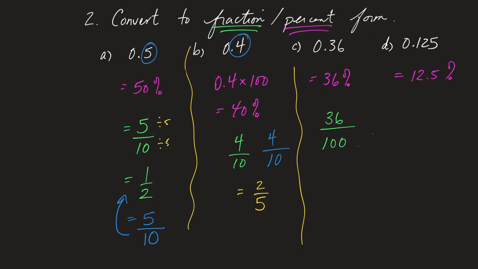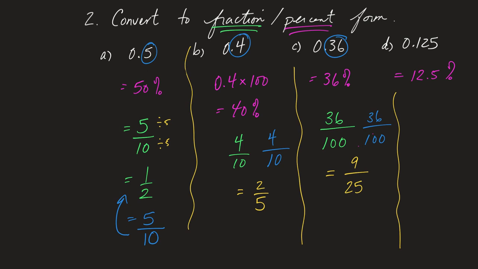Or, as you work your way through, I have 2 decimal places, so I need to write 36 over 2 zeros. Either way, we come in on 36 over 100, and now we need to reduce. In this case, you could divide top and bottom both by 4. 36 divided by 4 is 9, and 100 divided by 4, I know that, easy. That's quarters. 25 cents. There's my 25.